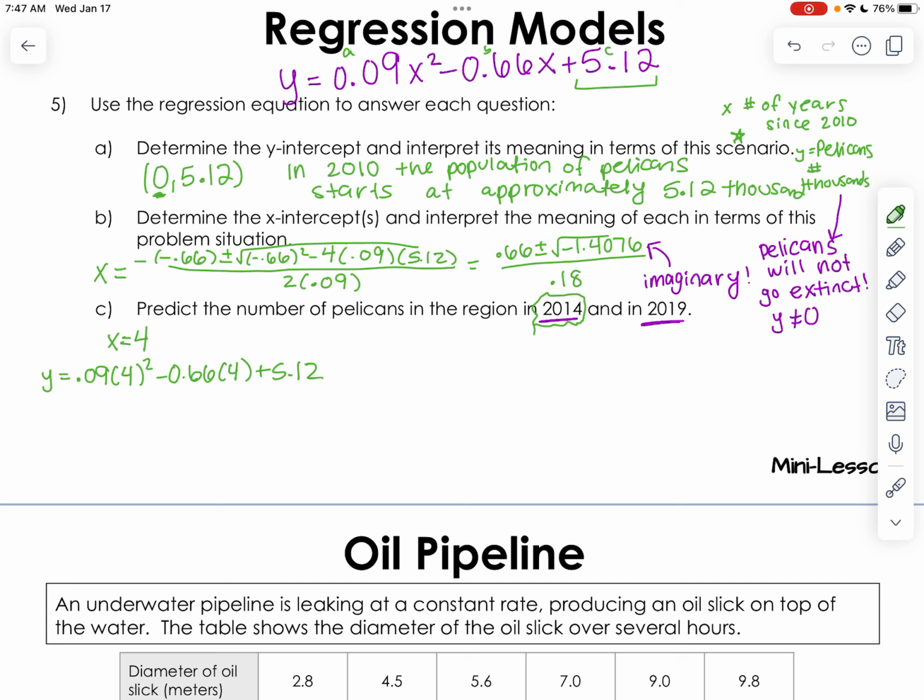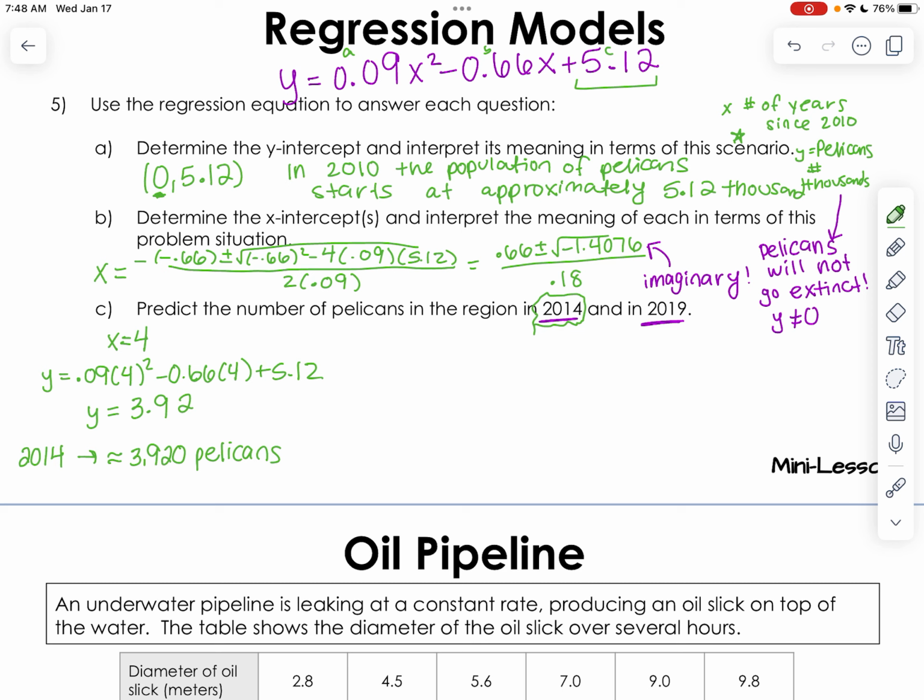I'm going to use my calculator to simplify this. And when I plug it all in, I get y equals 3.92. So in the year 2014, there will be approximately 3,920 pelicans.